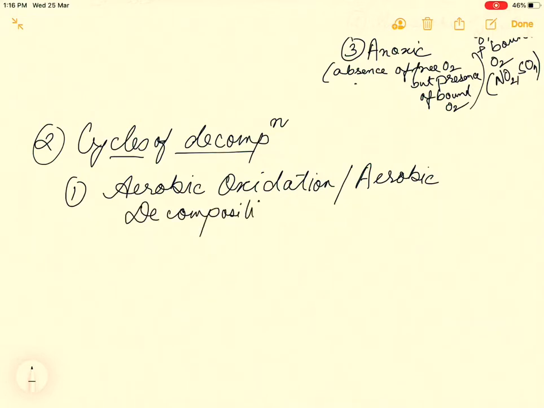What are the benefits of aerobic oxidation? I hope you have all got your notes yesterday about this. Just go through your notes, you will understand. I will mention a few highlights of this.